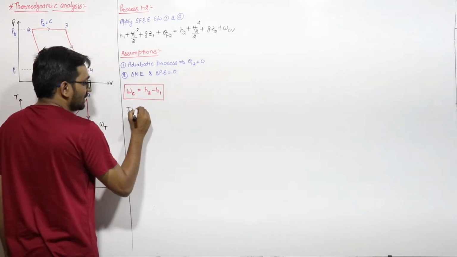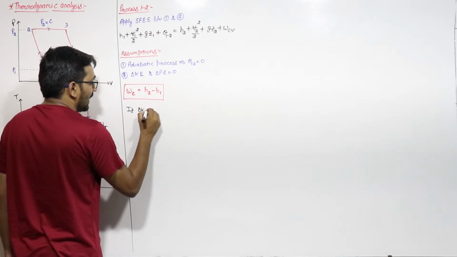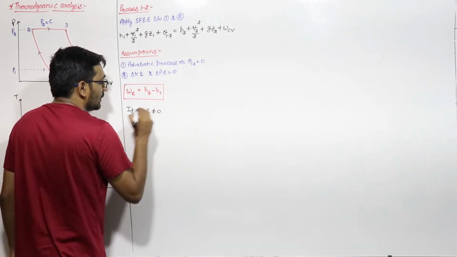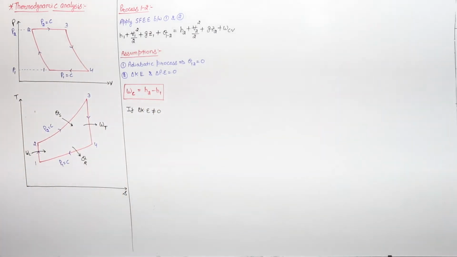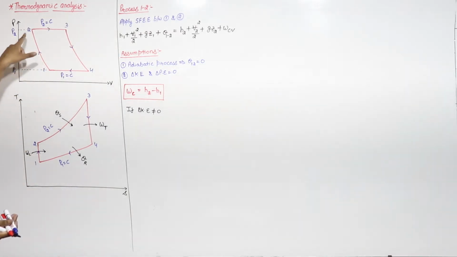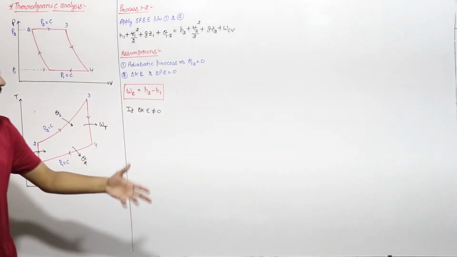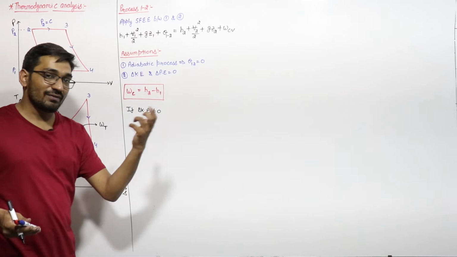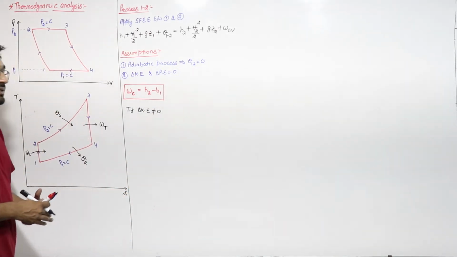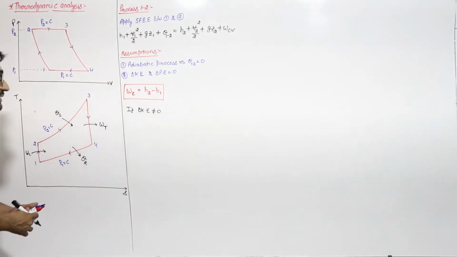If it is given in the question that the change in kinetic energy is not equal to 0, the velocity at point 1 and the velocity at point 2 may be given to check your concept. Then the changes in kinetic energy and potential energy are not 0.